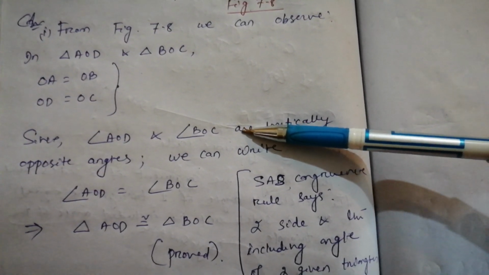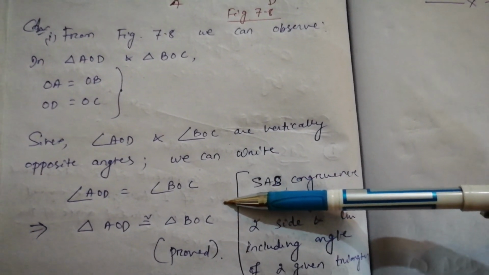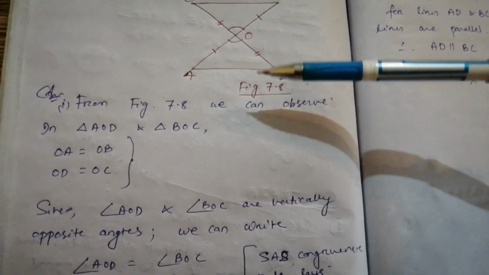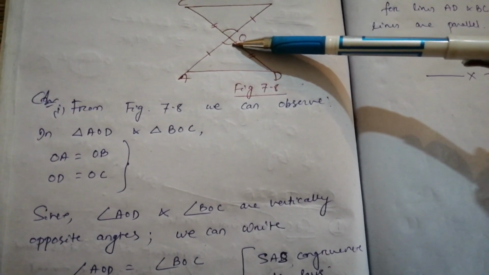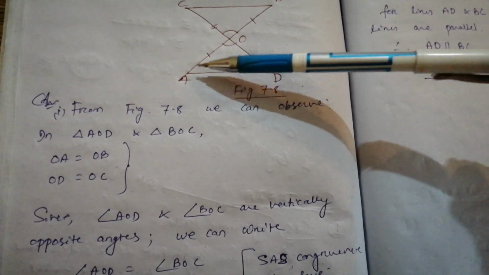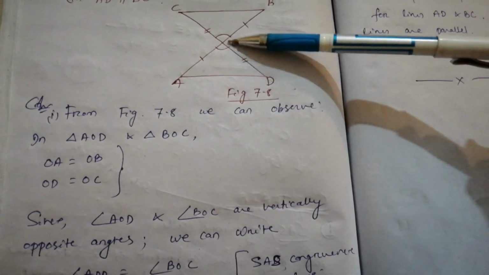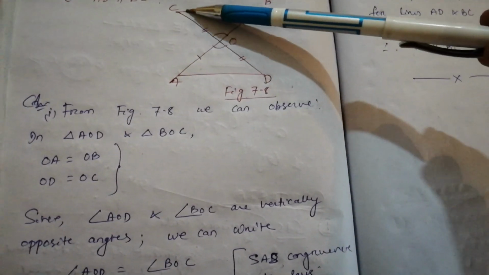So this is also done. As angle AOD equal to angle BOC, this is the angle, and side AO is equal to BO, and side OD is equal to OC.